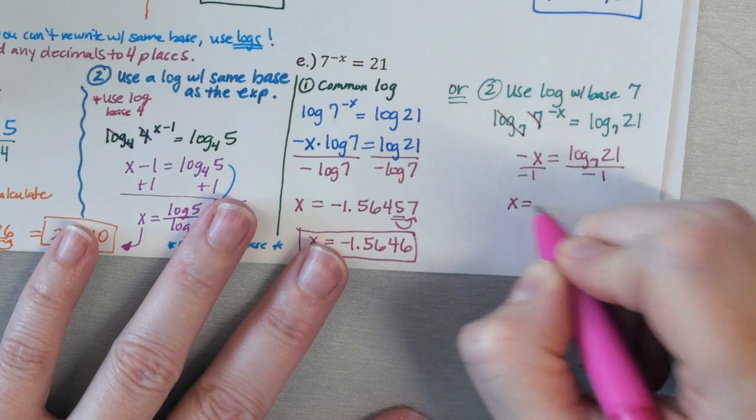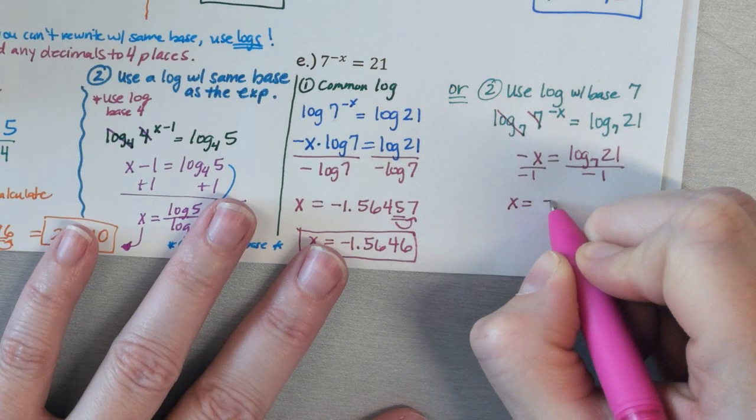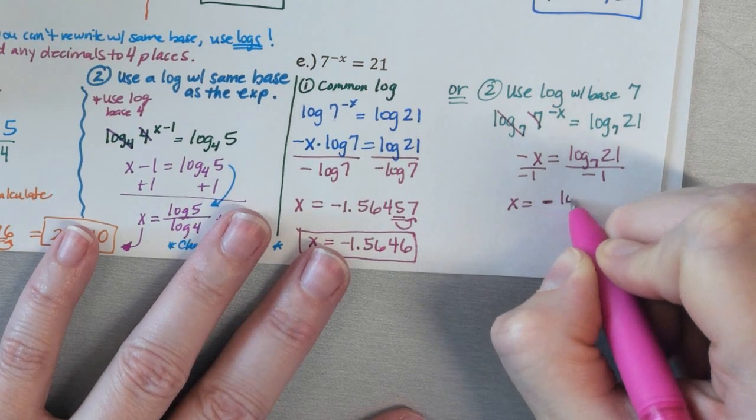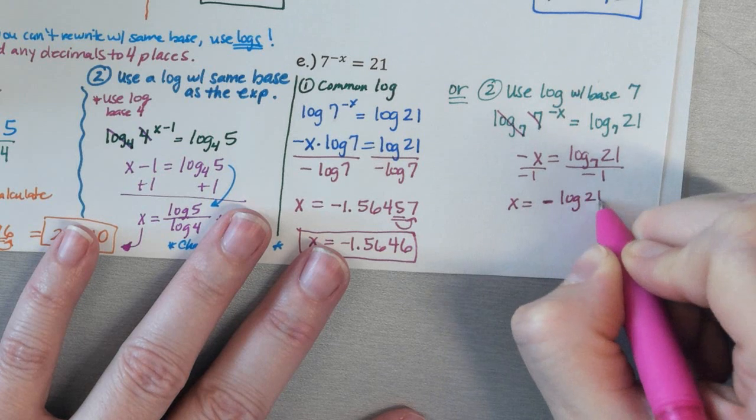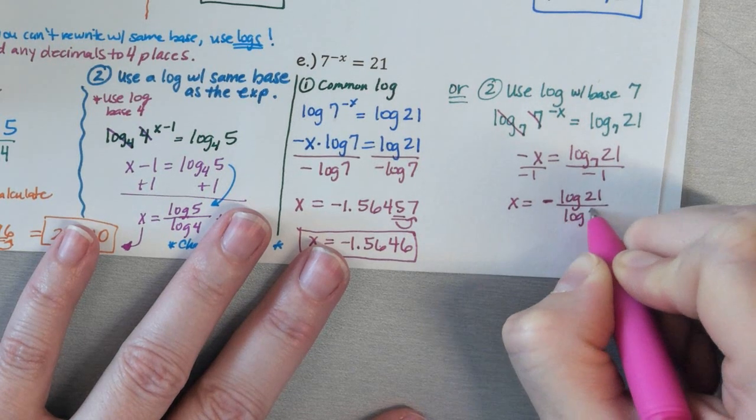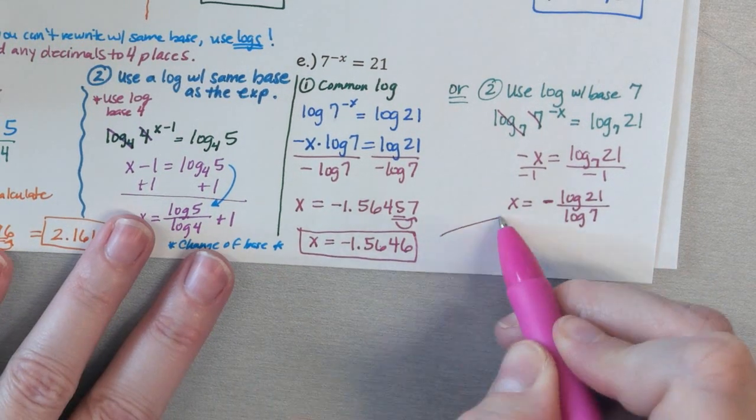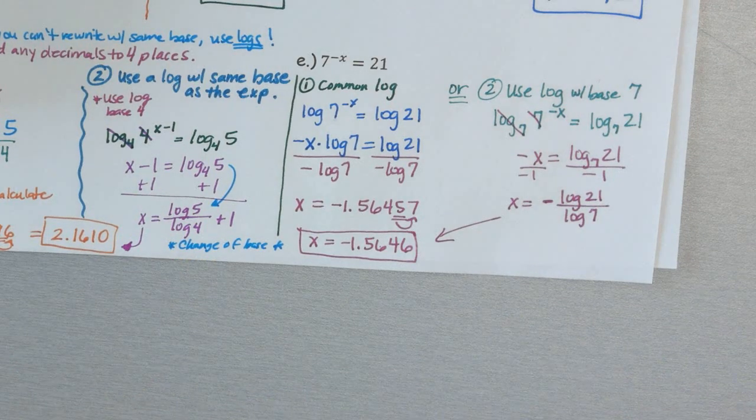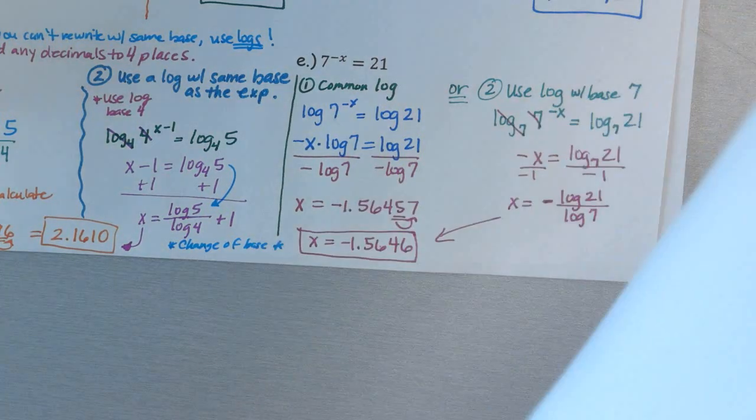Anything divided by negative 1, the negative goes in front. So you can think of this as the log of 21 over the log of 7, which is your change of base. And again, you'll end up with the same thing. Okay, how do you guys do? So you can see that that's going to take some practice because that's new. So make sure that you guys do your practice.